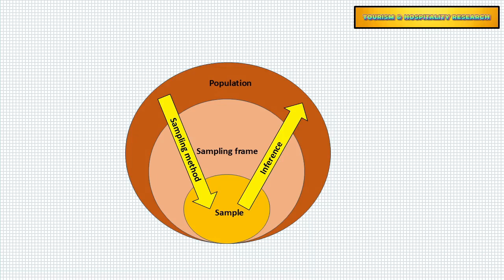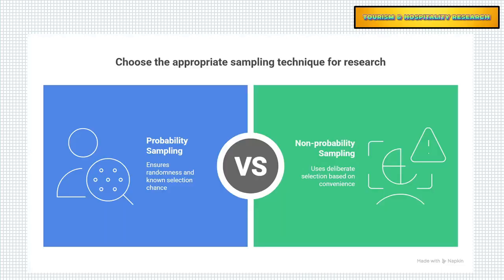And whatever results we get out of data analysis, we are going to infer them on the entire population. This is the role of sampling. So now you have understood the role and importance of sampling.